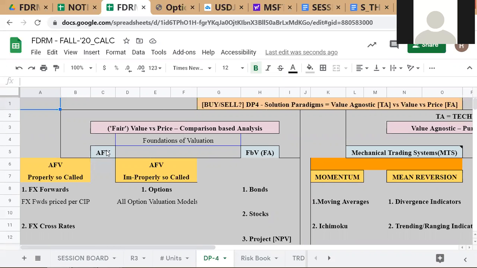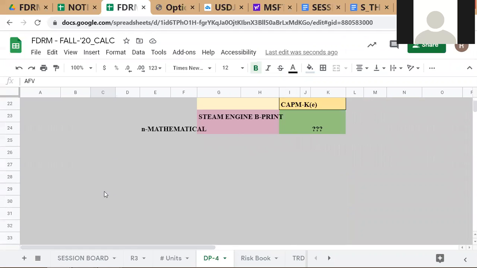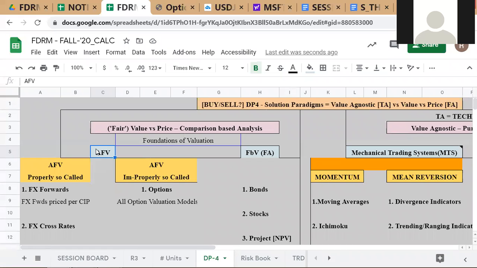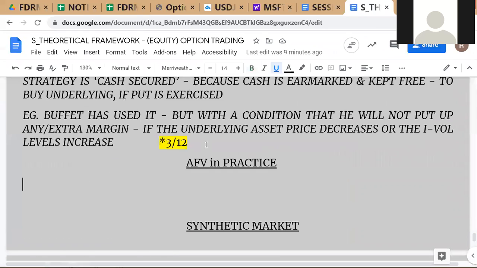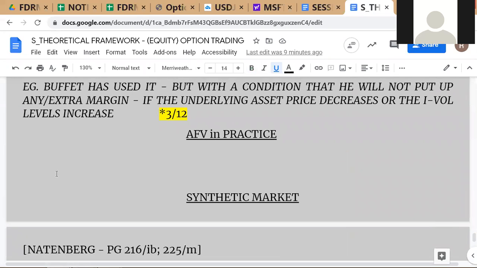But here there's another approach, which is AFV. AFV is arbitrage-free valuation. Have we clarified that anywhere? Anyway, I'll put this here. We know that AFV is arbitrage-free valuation.